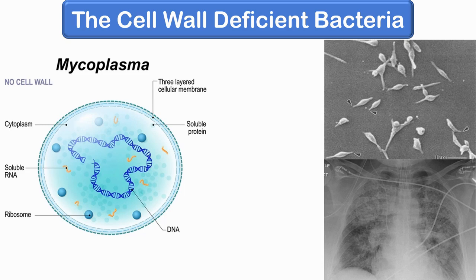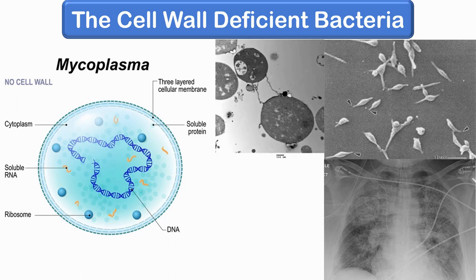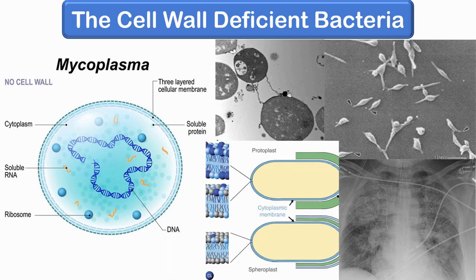Some bacteria that normally have cell walls can lose them either by mutation or exposure to lysozyme or penicillin. These cell wall deficient forms are called L forms. The L form of a gram-positive cell is called a protoplast, and the L form of gram-negative cells retains its outer membrane and is called a spheroplast.